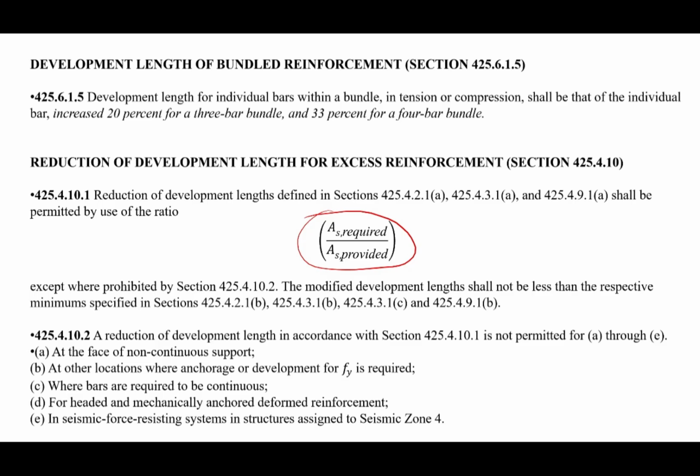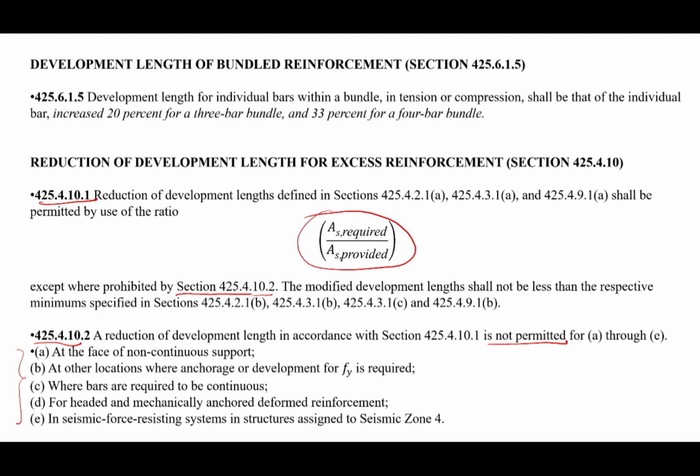Of course, there is a prohibition as to the reduction of development length as stipulated in section 425.4.10.2, which says that such a reduction in development length is not permitted if any of the following items is satisfied.